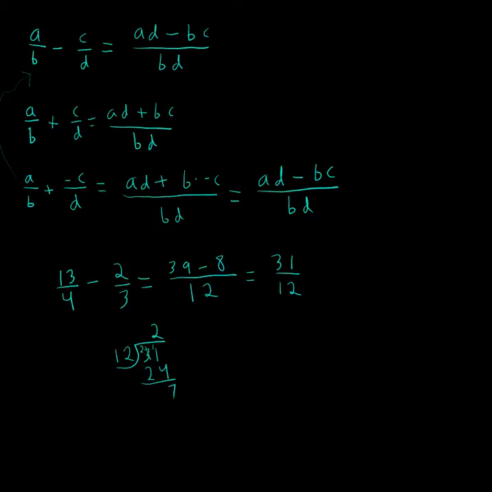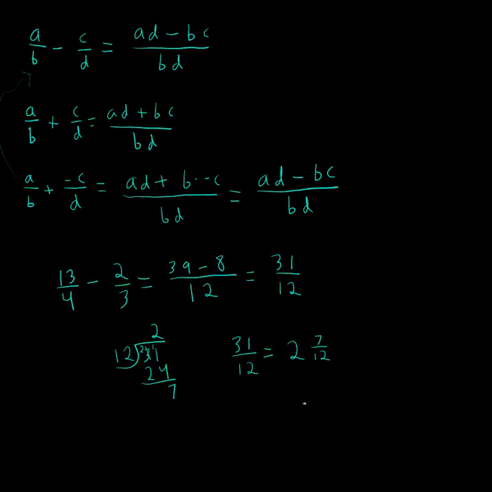This would be 7, 31 minus 24 is 7. And so with that, we hit the end of this. We would stop here. And so we can write out 31 over 12 as 2 and 7/12. This would be 31 divided by 12.